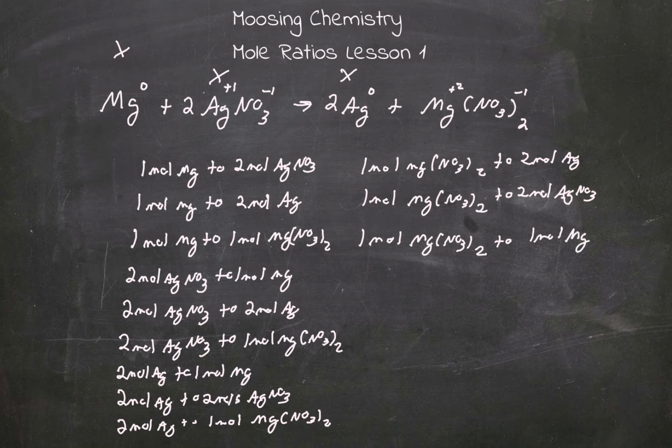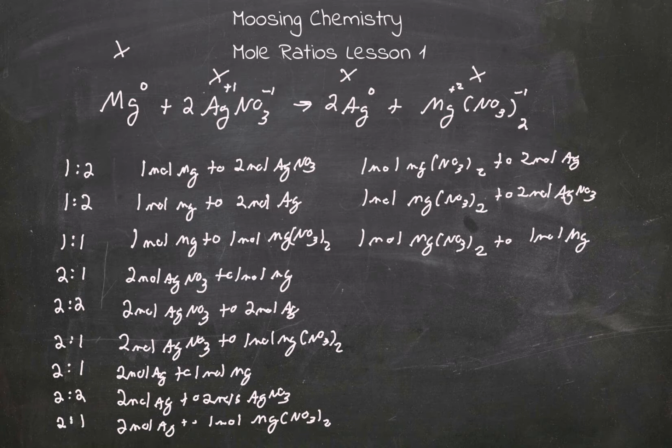Now, these are called ratios. So in essence, we have a 1 to 2 here, a 1 to 2 there, a 1 to 1 ratio, a 2 to 1 here, a 2 to 2 here, which is the same thing as 1 to 1, 2 to 1 here, a 2 to 1 here, a 2 to 2 here, which is the same thing as 1 to 1, and you have a 2 to 1 here.